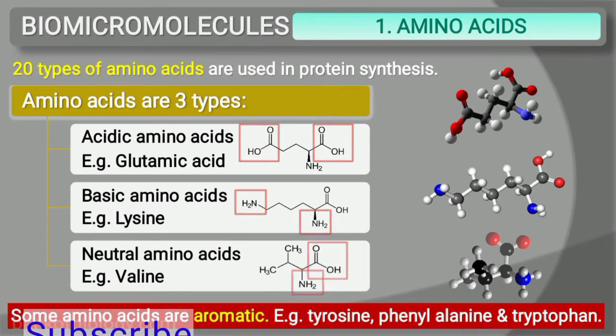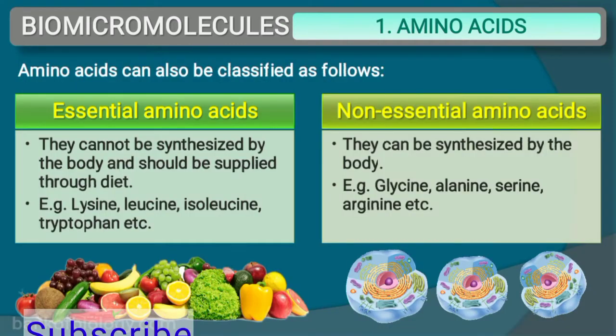Neutral amino acids contain both the acidic as well as the basic group, so they are called neutral, for example valine. Some amino acids are aromatic, like tyrosine, phenylalanine and tryptophan. Out of 20 amino acids, 10 are essential and 10 are non-essential. Essential amino acids cannot be synthesized by the body and should be supplied from outside through diet, like lysine, leucine, isoleucine, tryptophan.